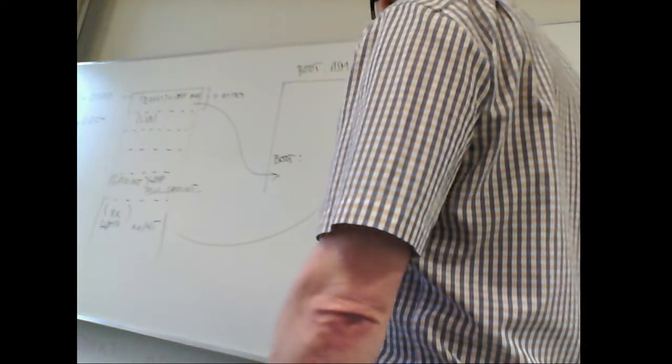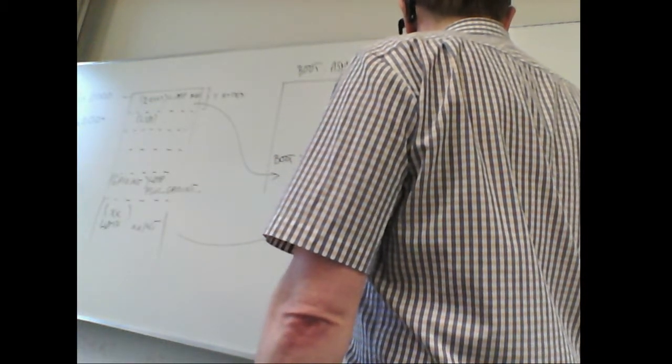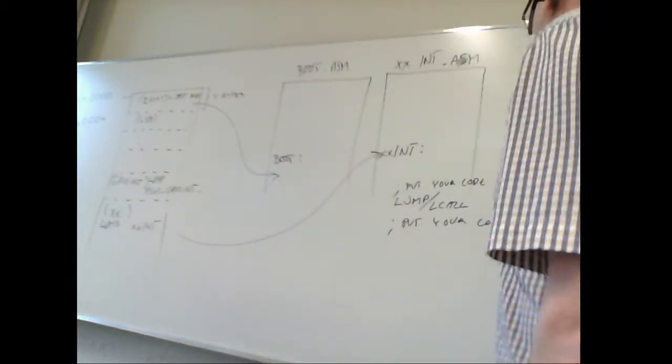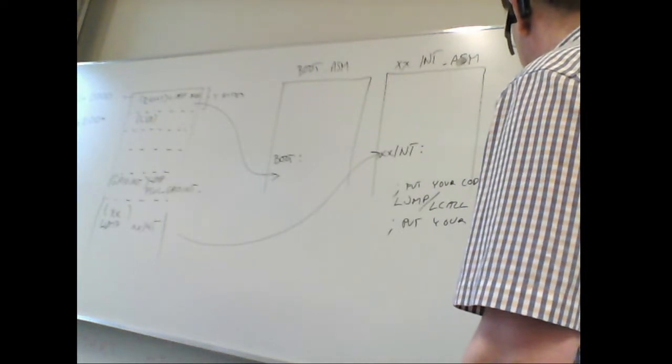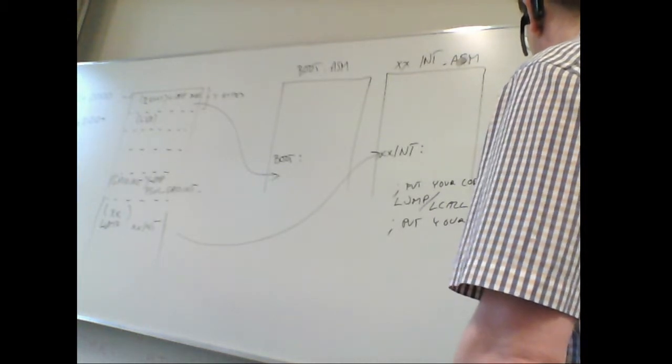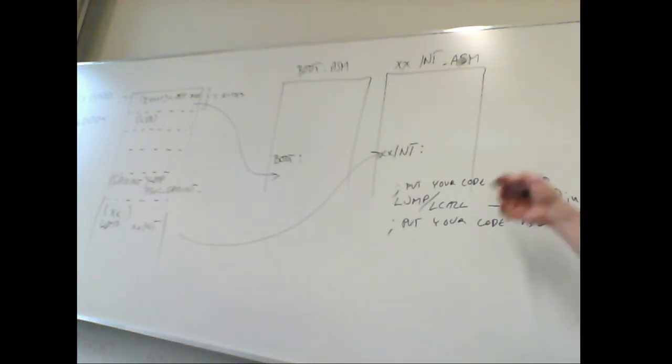But here you must have a jump, either a long jump or a long call, of your own routine, to underscore my ISR in C. Whatever your code is in C language.